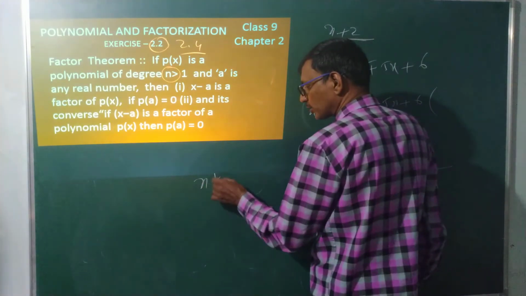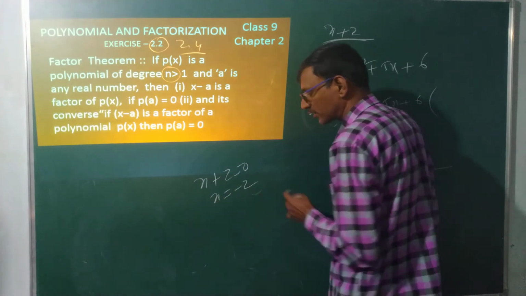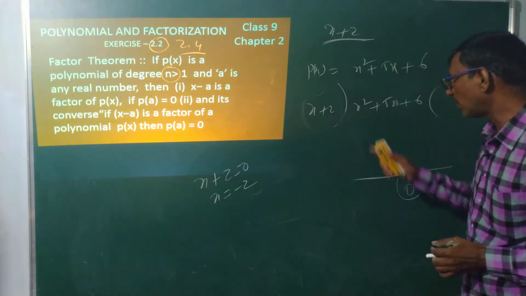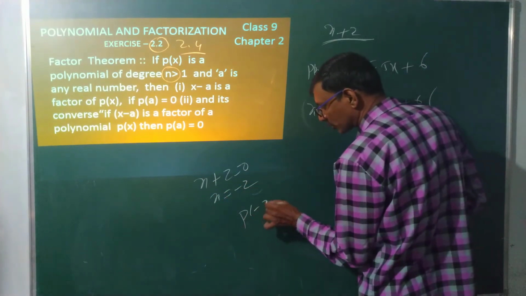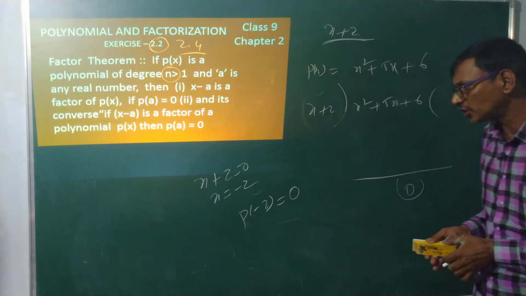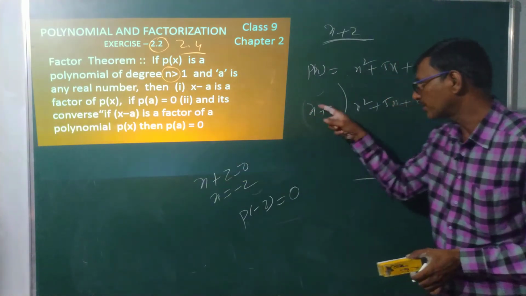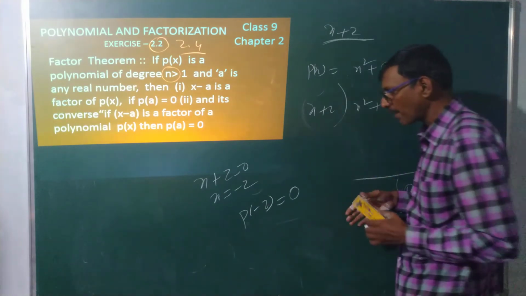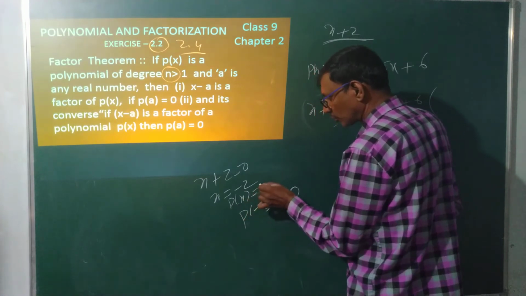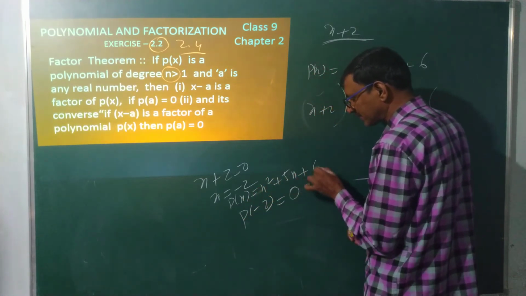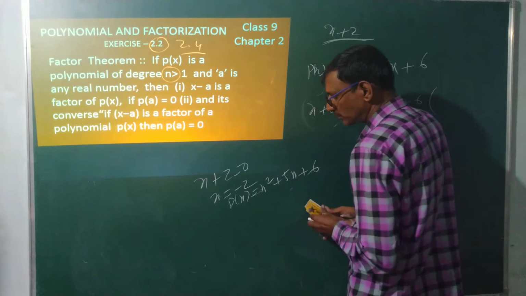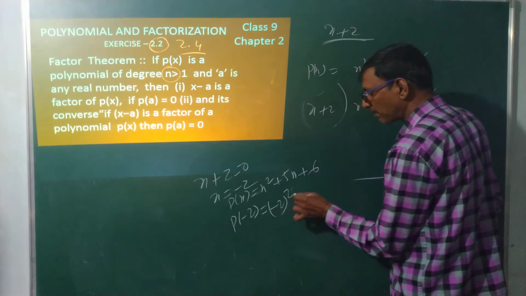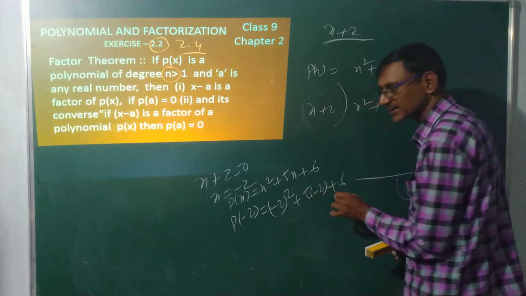Let us take x plus 2 equals 0, x equals minus 2. It is a 0 of this linear polynomial. I would like to take p of minus 2. If it is equal to 0, then x plus 2 must be a factor of this. I will write my p of x equals x square plus 5x plus 6. p of minus 2 is minus 2 square plus 5 into minus 2 plus 6.